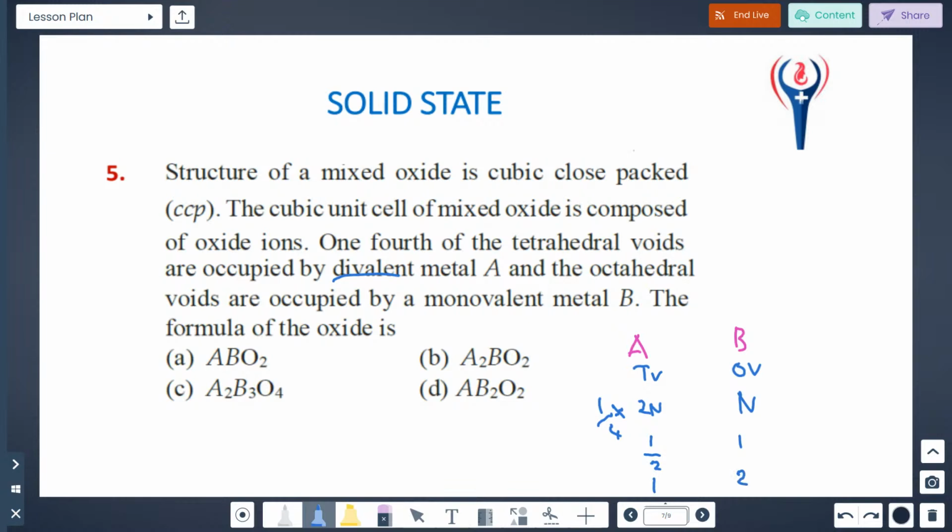Understood? Right. Then the formula of the oxide is given, so you put O2 at last. So A1, B2, O2. So the answer is D, the correct one. Understood? Oxide also you should add. So AB2O2. That's the answer for this. Are you following? Okay.